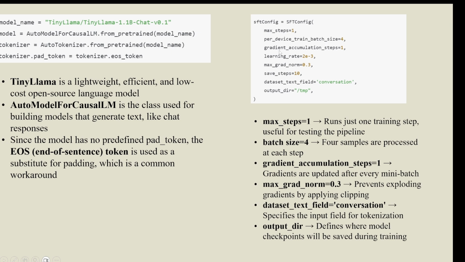And on these lines, gradients are updated after every mini-batch. This line, max_grad_norm equals 0.3, prevents exploding gradients by applying clipping. And this line specifies the input field for tokenization. And finally, output_dir defines where the model checkpoints will be saved during training.